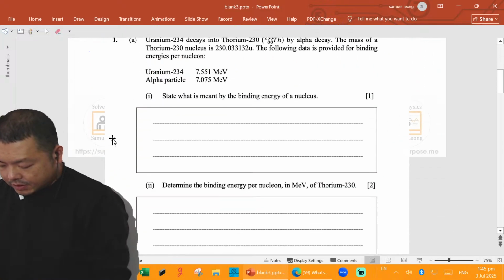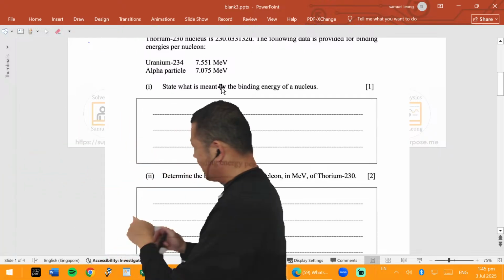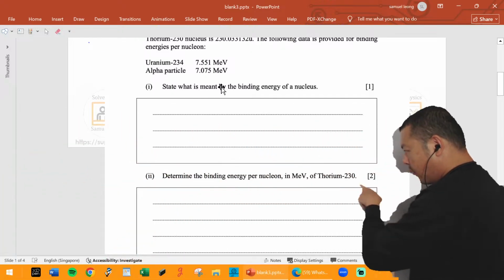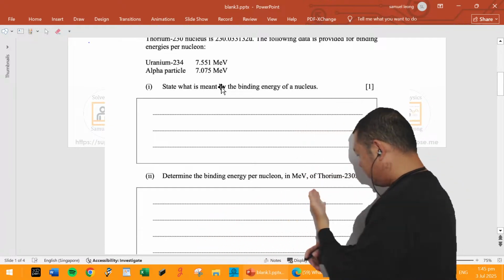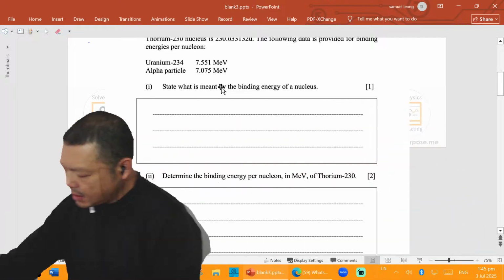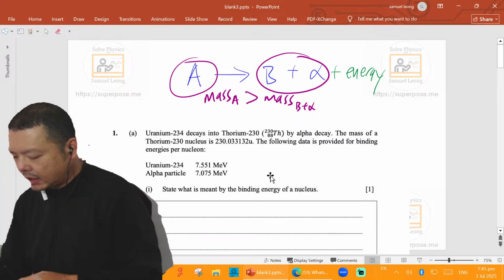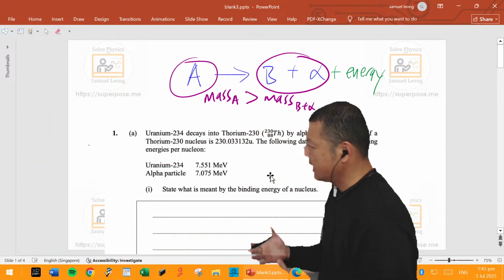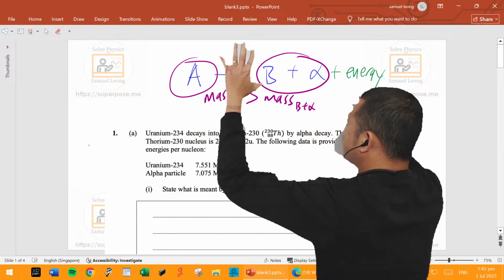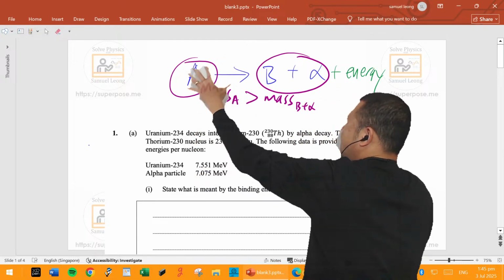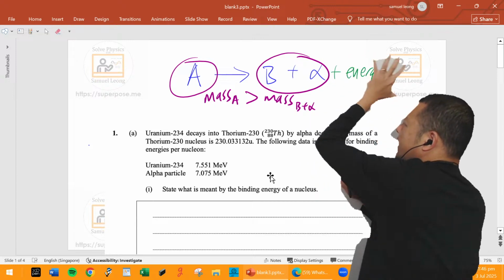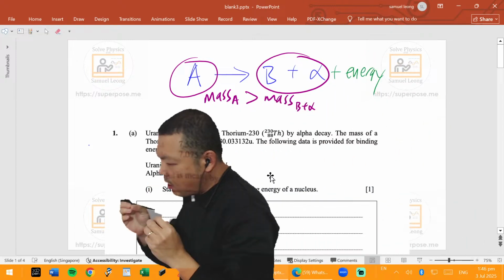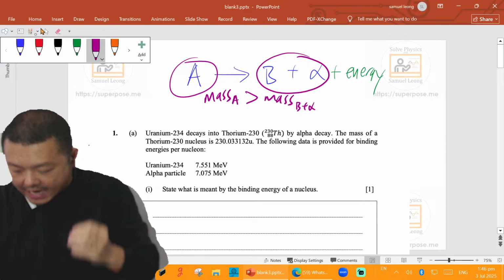And then after that, they asked the students to determine the binding energy per nucleon of thorium-230. Based on whatever I taught you so far in E3, E4, E5, if there's a mass defect and there's a release of energy, how about the total binding energy?